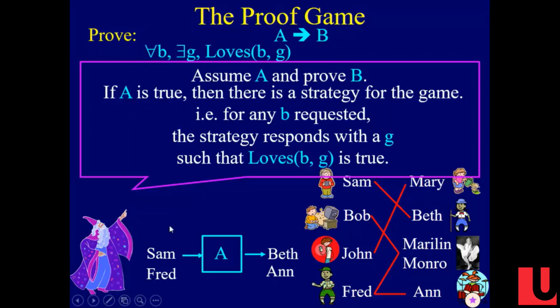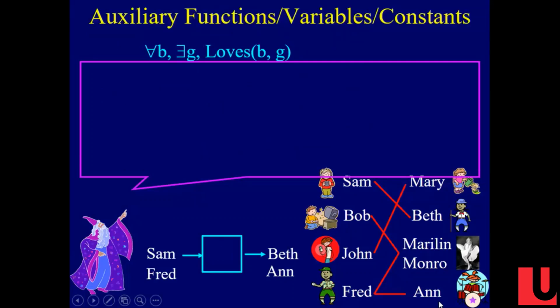Well, who's that girl? Oh, maybe it's Beth. Then you walk down the world further, and out of the dark comes Fred. Oh, well, you know every boy loves some girl. So who does Fred love? Fred loves Anne. And what's this oracle doing for us?